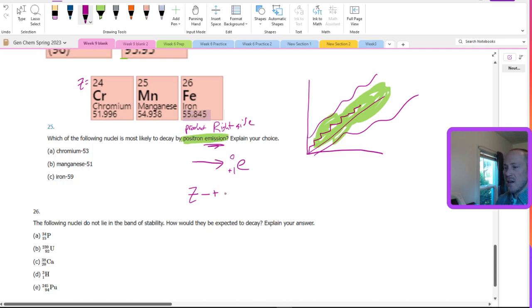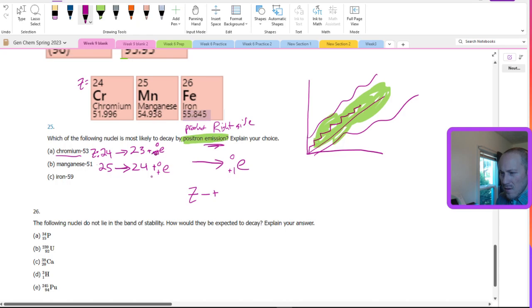So if it were chromium, its Z would go from 24 to 23 plus a positron. If it's manganese, then it's going to go from 25 to 24 plus a positron.